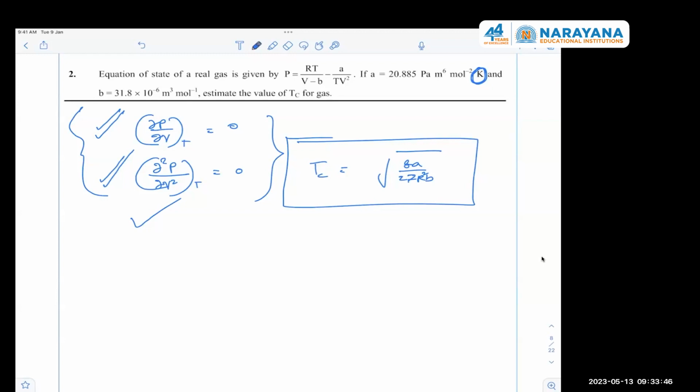A square by RB, I guess. A by RB by R. I have to derive it, and you can also derive it. We can do dimensional analysis.